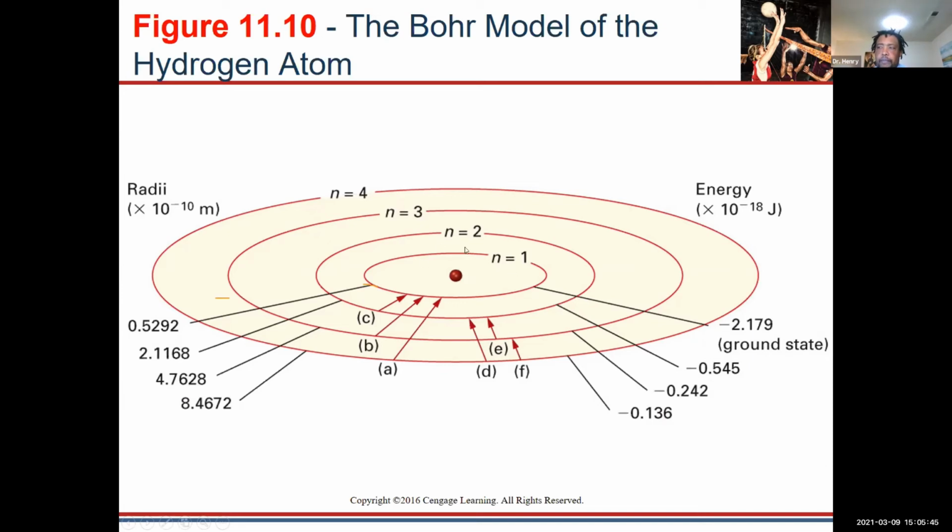So in theory, we can put energy in there and make it go up to the second state, that next orbit, or we could put more energy in it and make it go up to the third orbit, or more energy and go up to the fourth, okay? By putting energy in, we're exciting it, okay? And then once it gets excited, it's going to crash and let loose that energy. And that's the light you see.